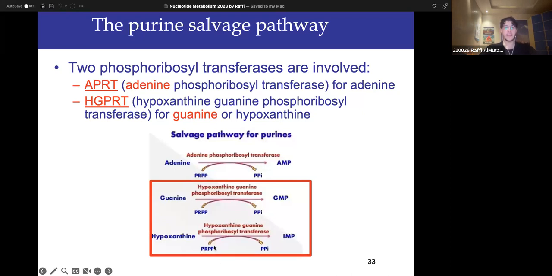So guanine to GMP and hypoxanthine to IMP by HGPRT, and APRT is responsible for converting adenine into AMP. All of these reactions need PRPP. If you want to make a purine, you need PRPP. Is it more clear now?